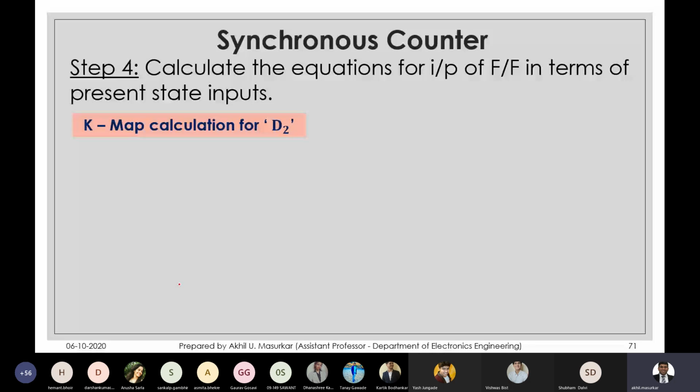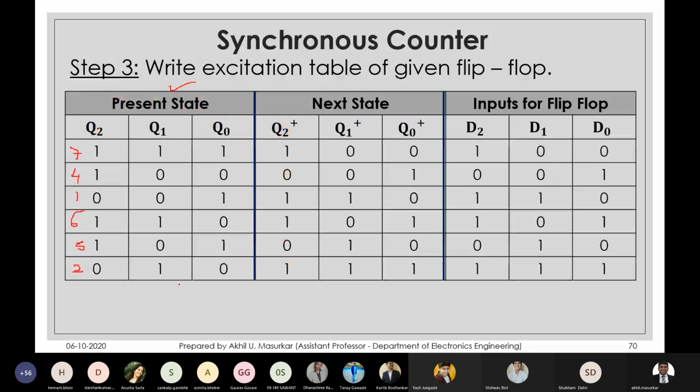If I am at 7, I should go to 4, then 1, then 6, then 5, then 2. And after 2, again I should come back to 7. So the next state of 7 would be 2 or 4.